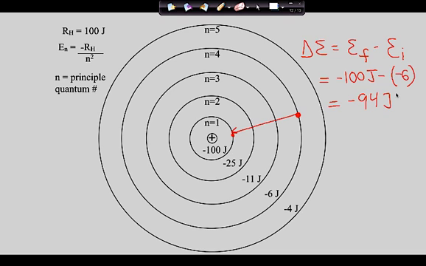Negative 94 joules. Now guys, let's talk about what that means. The 94 is obviously the amount of energy that is radiated in the form of light. What does it mean that this number is negative? The energy is being released, and we would suspect that because the electron is falling.